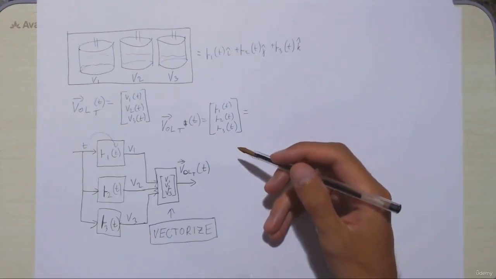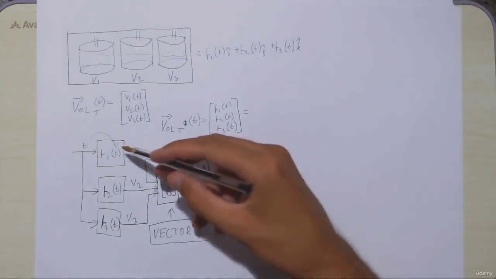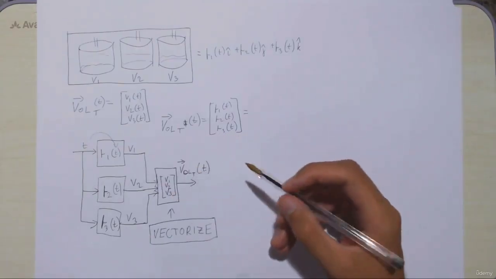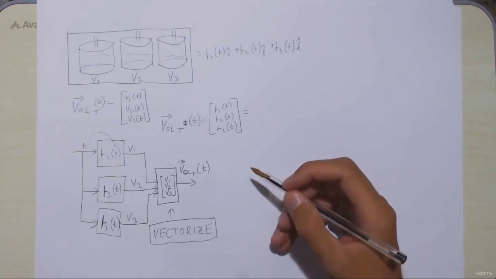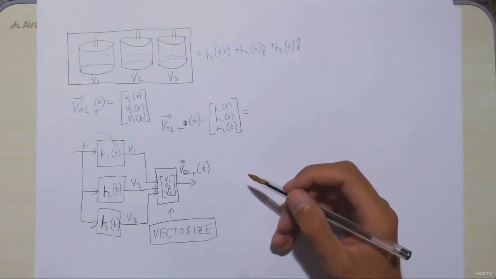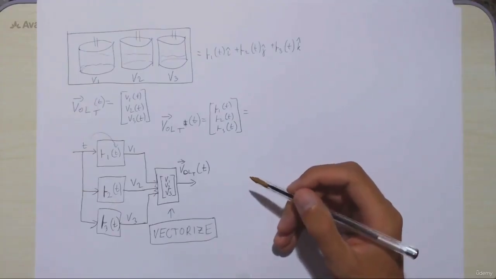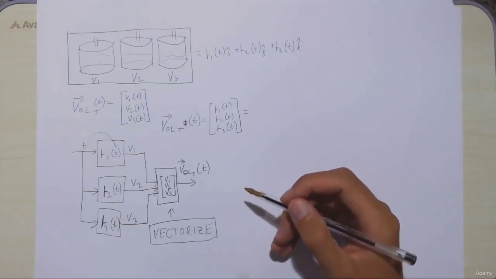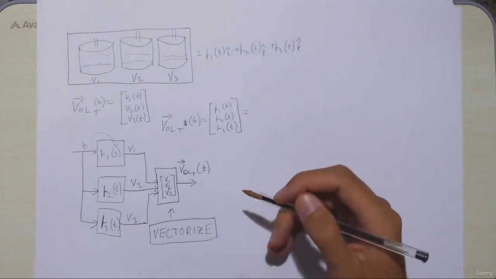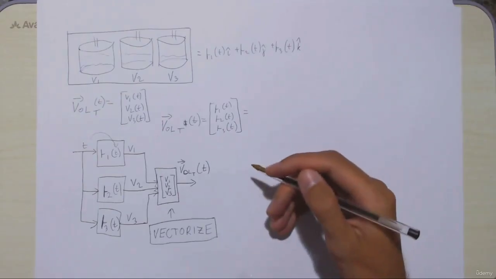So even if we put in some bizarre function, we assume that the pumps can cope with that. Even though in real life you have to take into account whether the pumps can really do what I want. But here we're going to assume that they can do whatever we tell them to do.